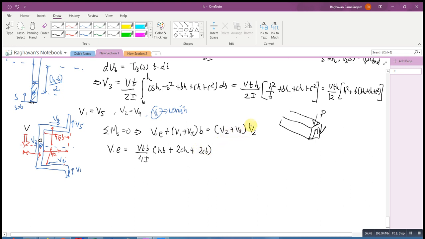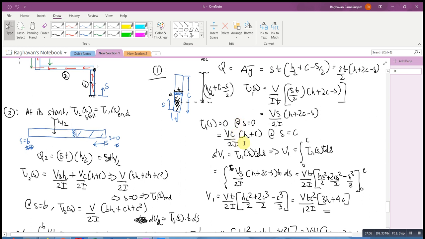The H by 2 cancels out, and there is a 2 times this whole thing, so I get H over here, minus Vt by 12I into, because V2 and V4 are the same, I can write this as 2V2 or 2V4, so I'll just multiply it by 2.